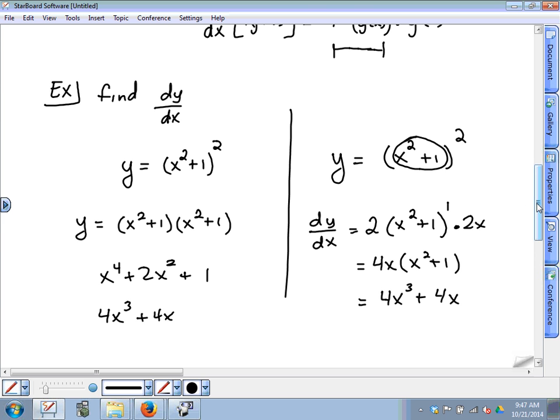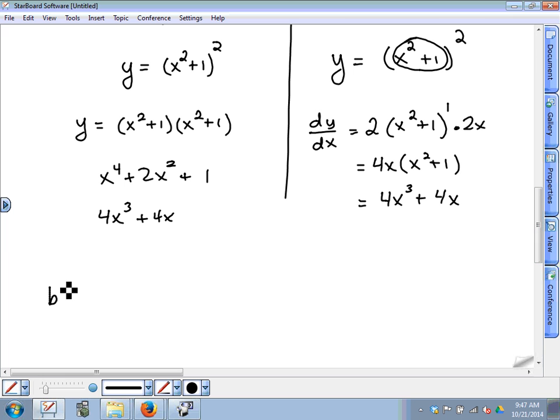Let's do part B. Let's just give you a little bit more practice. Part B. Let's say that y equals 3 times (2x squared plus 4) to the 3rd power, and I want you to find dy/dx.